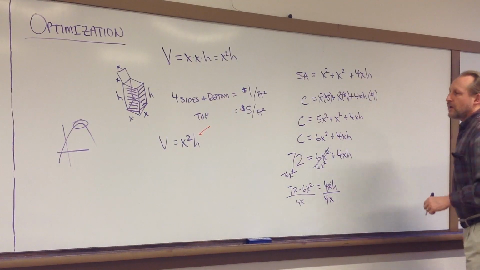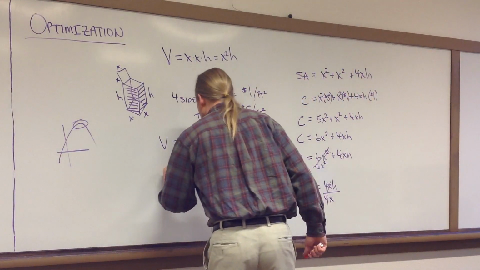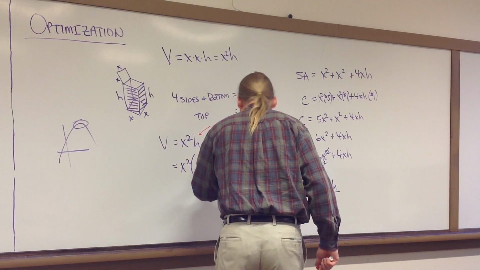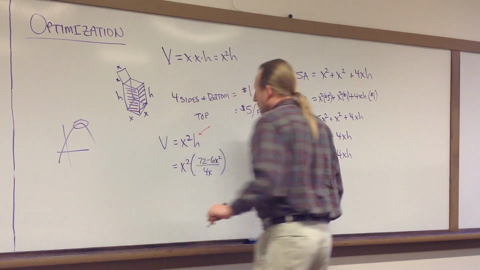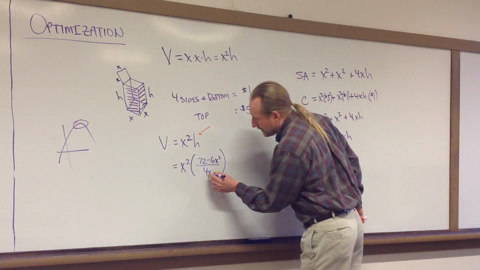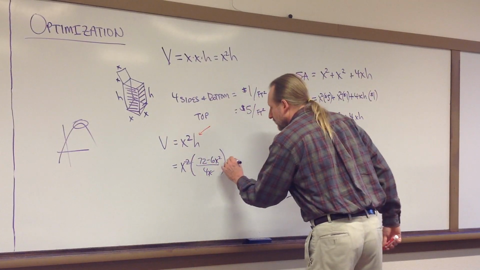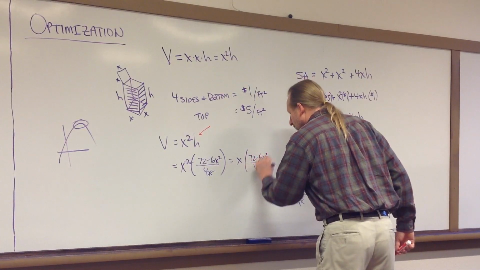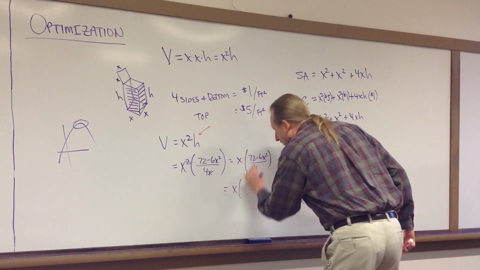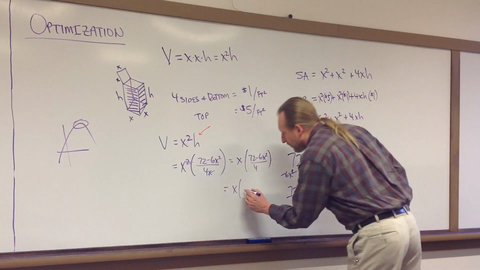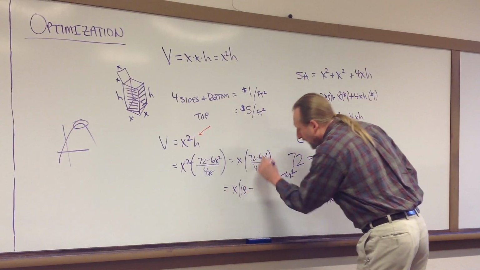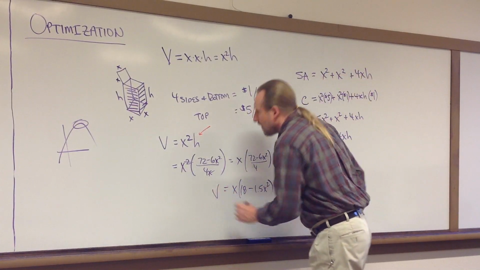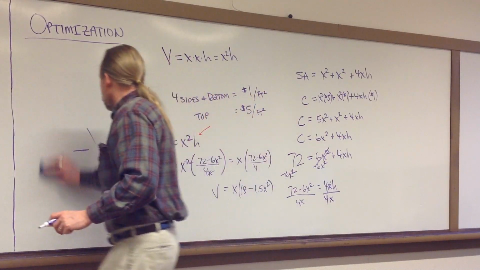Now we're going to have x squared times 72 minus 6x squared over 4x. Well, this x will cancel out one of these, so that'll be x times 72 minus 6x squared over 4. And then we can divide these each by 4. 72 divided by 4 should be 18, and then 6 over 4 is 1.5. So here's our volume equation right here.